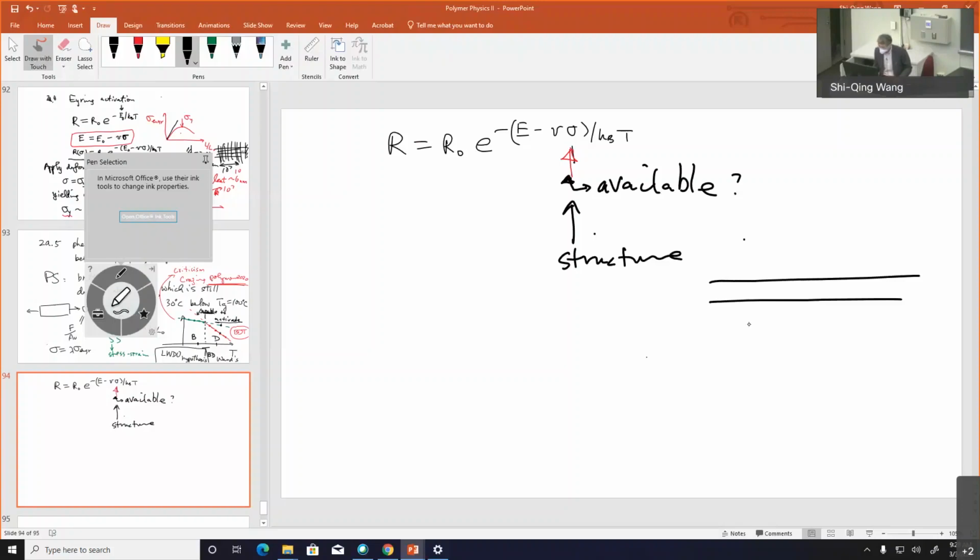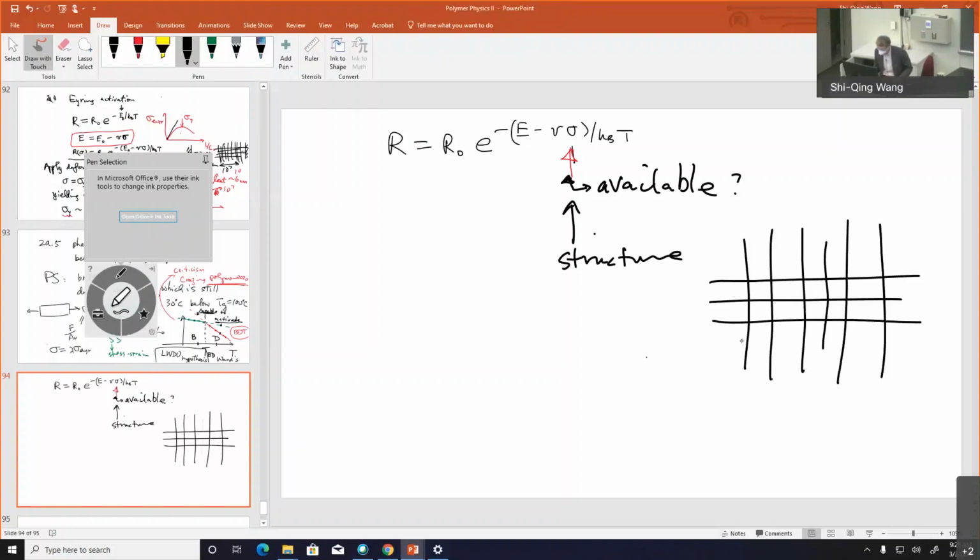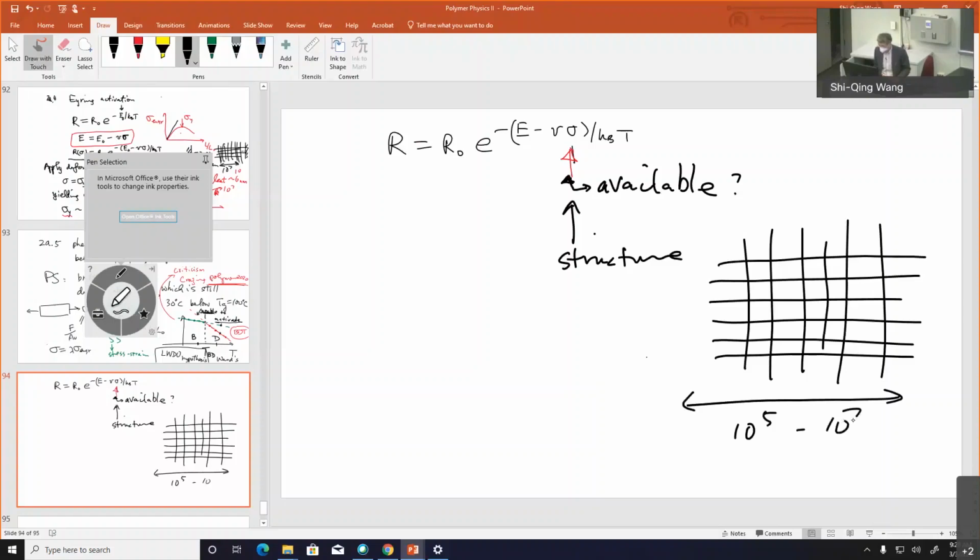And if I invoke what we draw so many times, we know that structure is this network. And it runs through tens of millions of layers of them. If you try to think of that, that's the one layer.